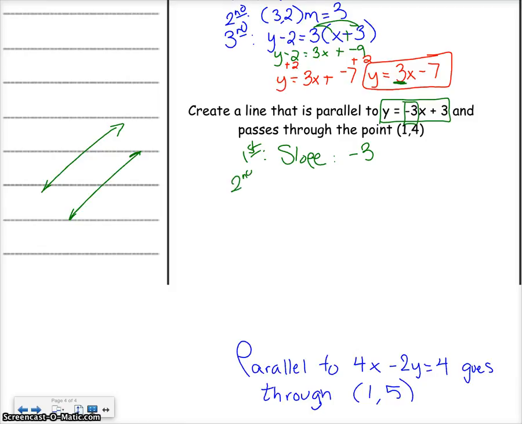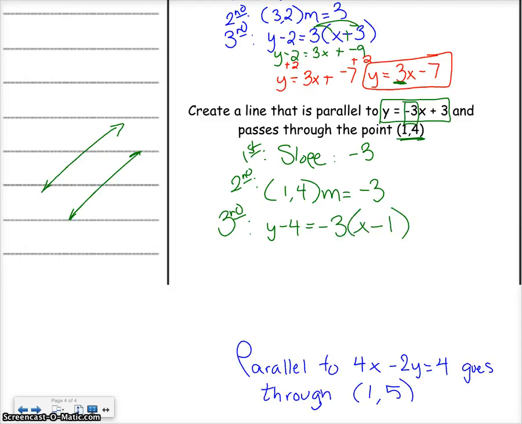The second thing I do is use the point it gave me, (1, 4), and the slope that I just identified. So I know the equation of this parallel line goes through the point (1, 4), and it has a slope of negative 3. And then the third thing I do is use point-slope form, because I'm given a point and a slope, so I need to do point-slope. y minus the y you're given is equal to your slope times x minus the x you're given.